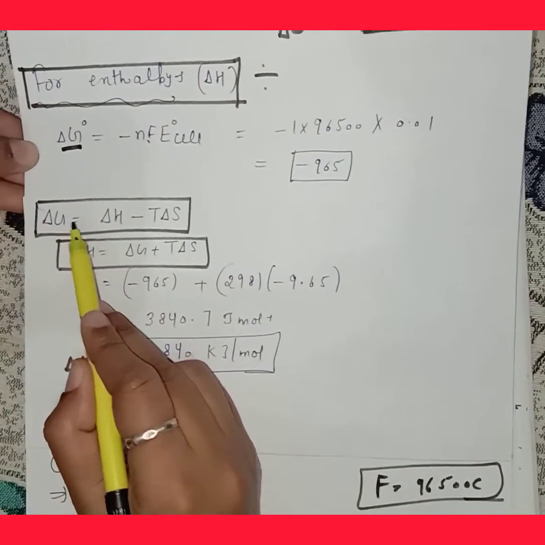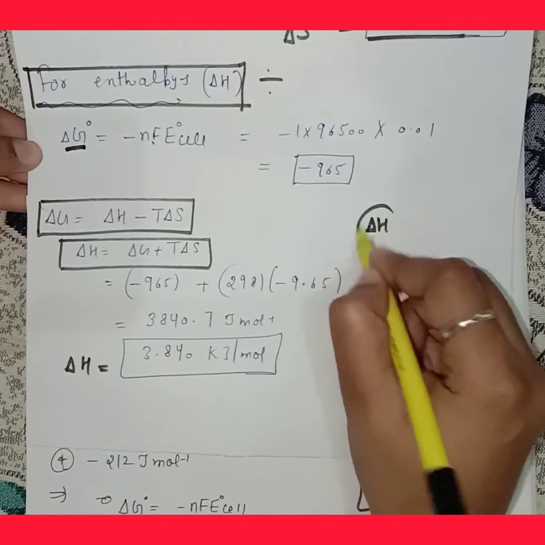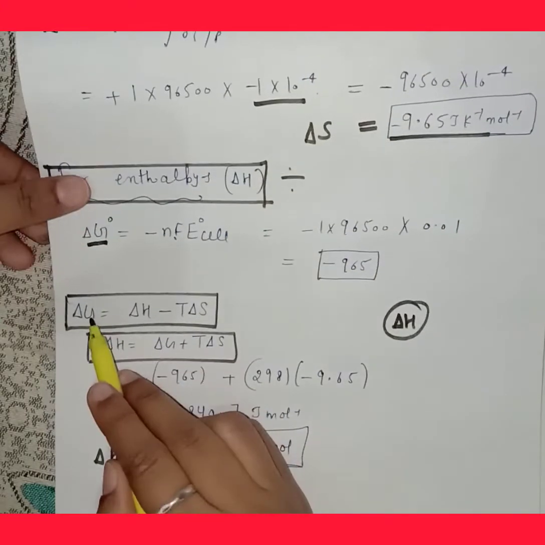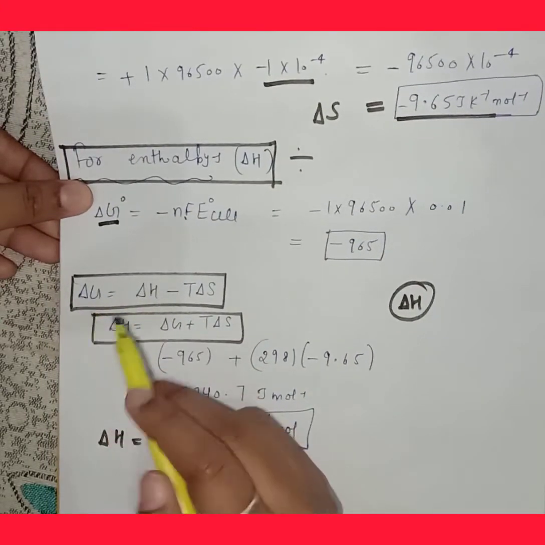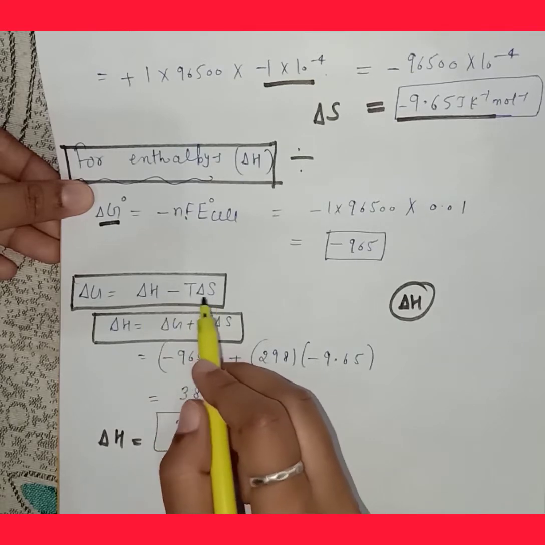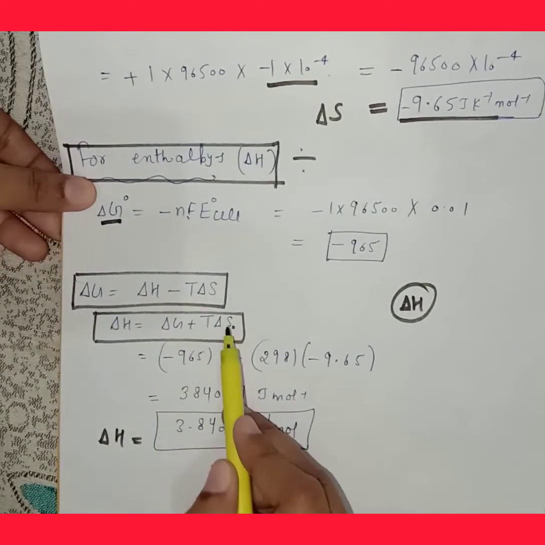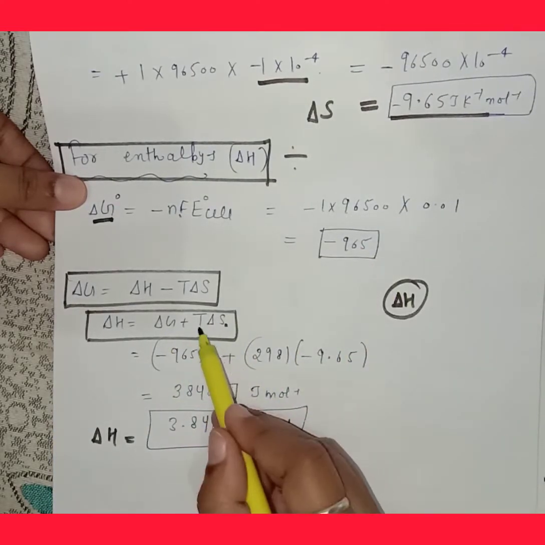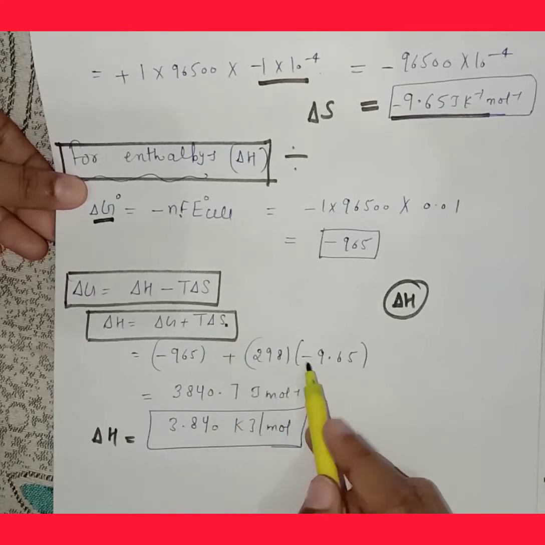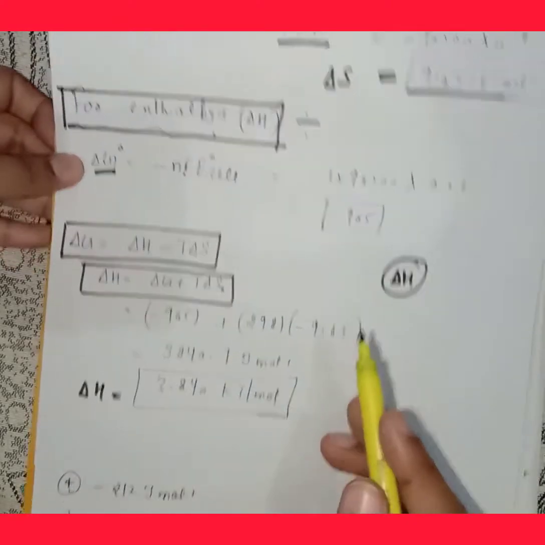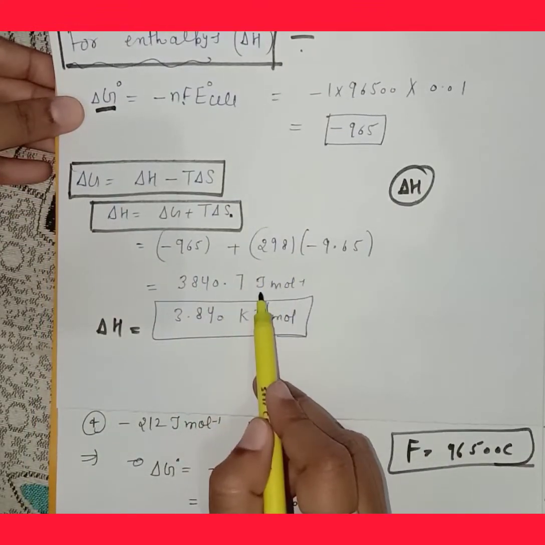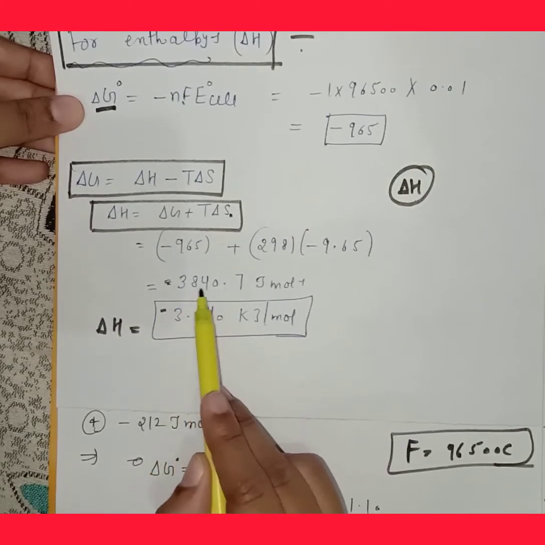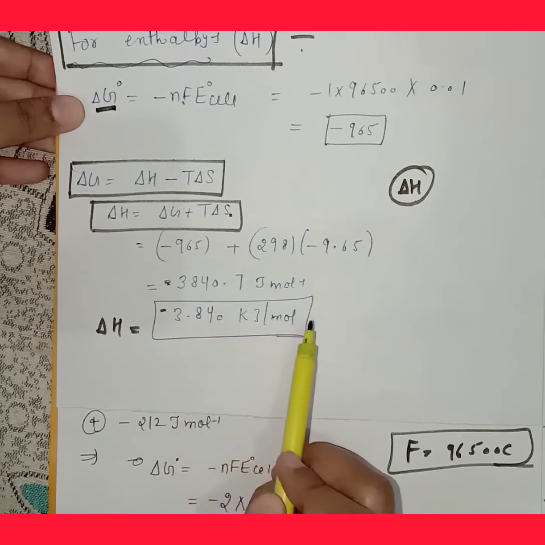We know the relation of delta G and delta H: delta G is equal to delta H minus T delta S. So delta H is equal to delta G plus T delta S. Put all the values: delta G is minus 965, plus temperature 298 times delta S, 9.65. The value comes out minus 3840, so it is minus 3.840 kilojoule per mole.